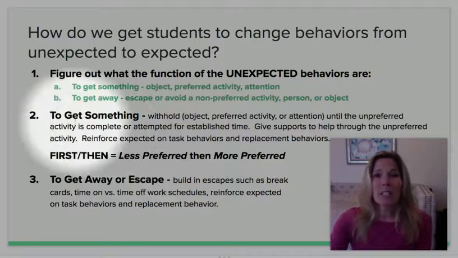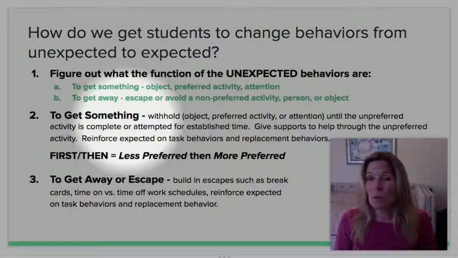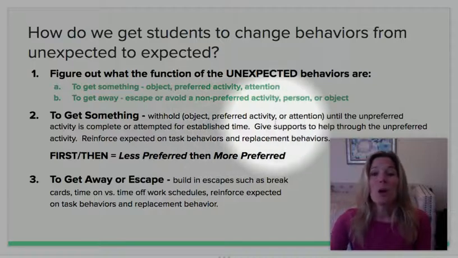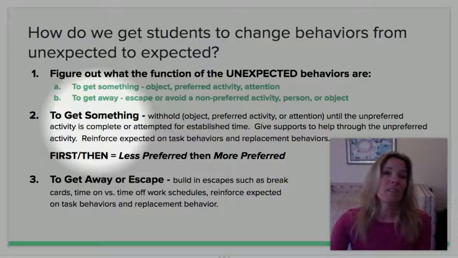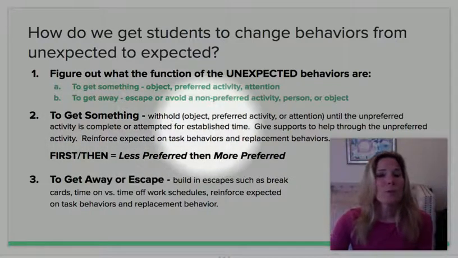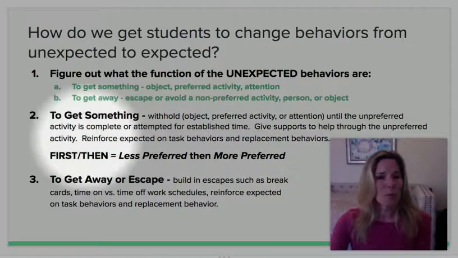So if the student's goal is to get something with their behavior, I need to withhold the object, the preferred activity, or the attention, until the unpreferred activity is complete or attempted for an established time. So I need to make sure that it's withheld, and then give supports to help through the unpreferred activity.